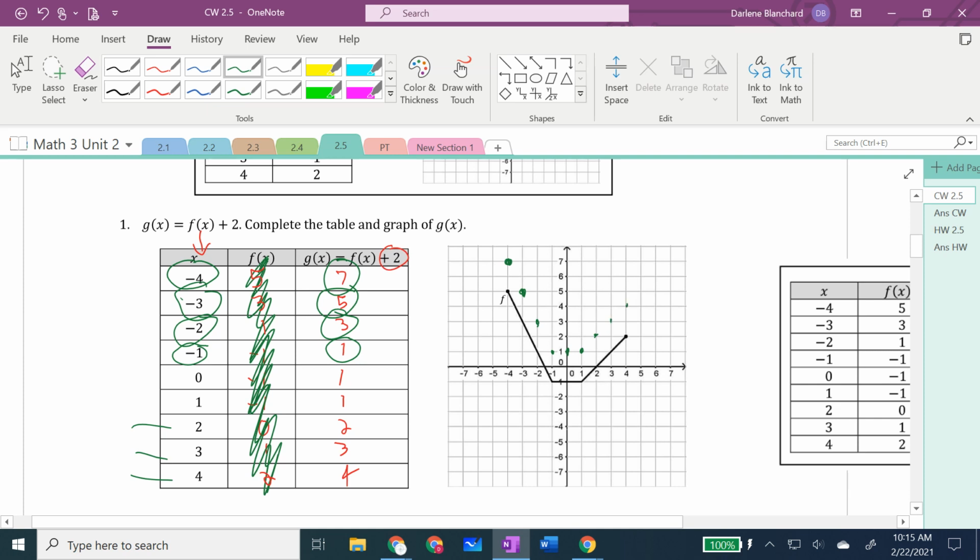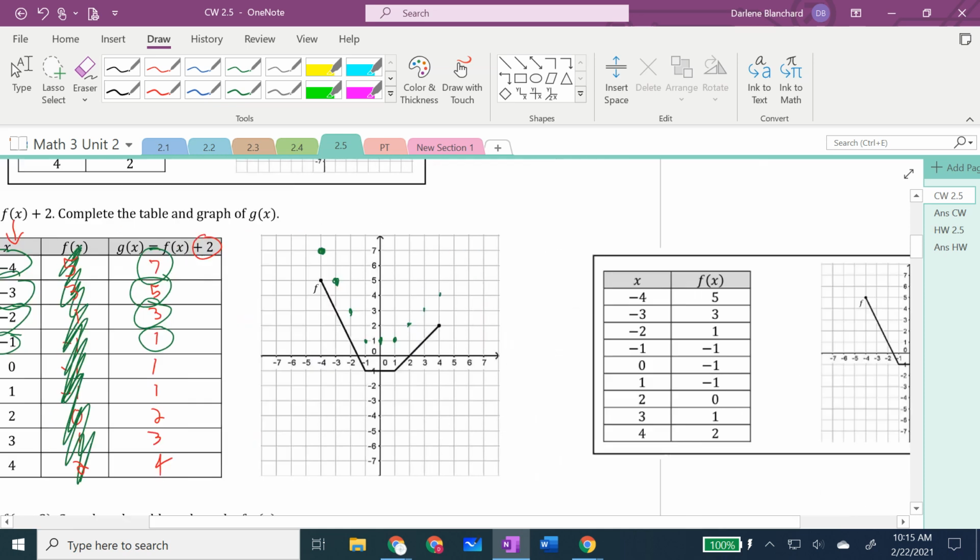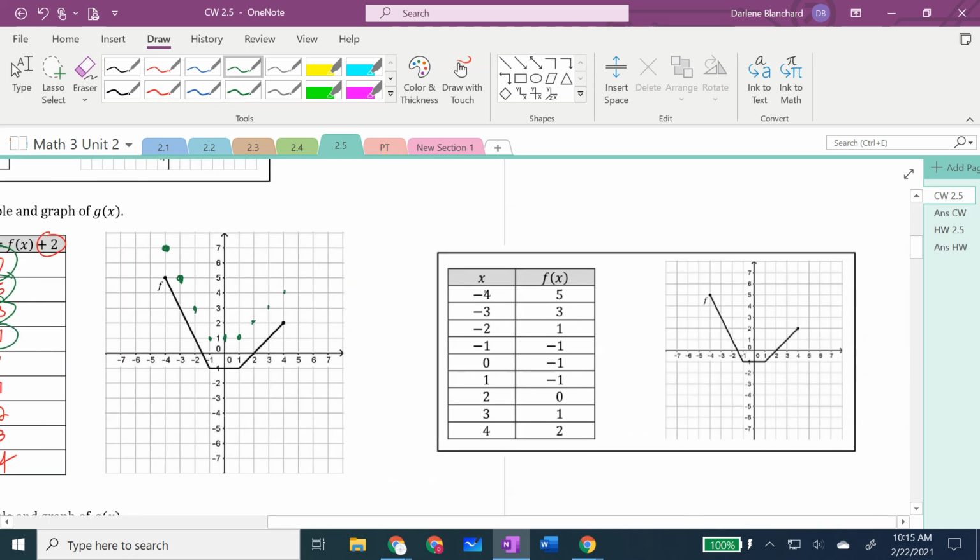So realize that on the original table, these are just particular designated points. And I can't seem to plot them well at this moment.